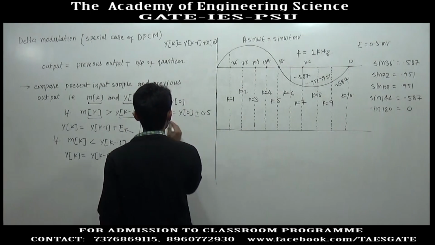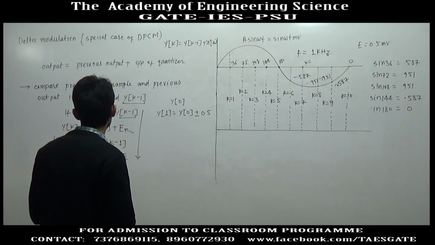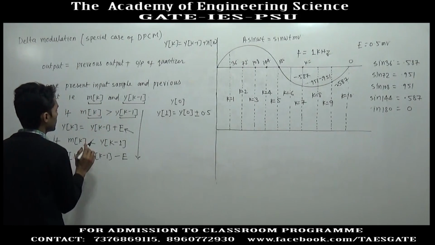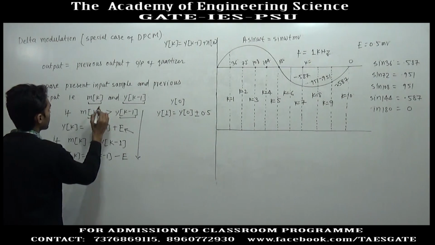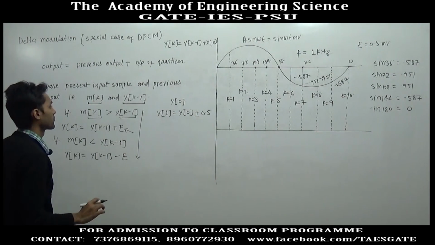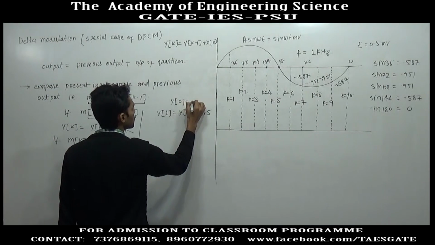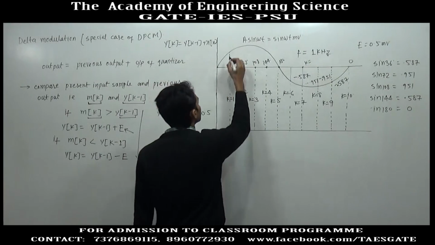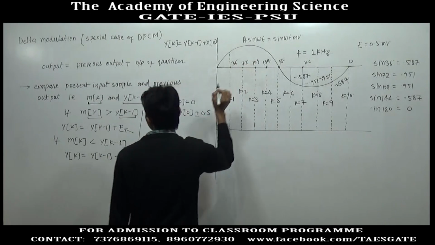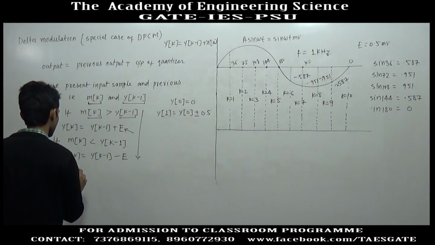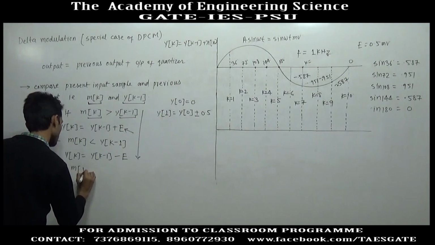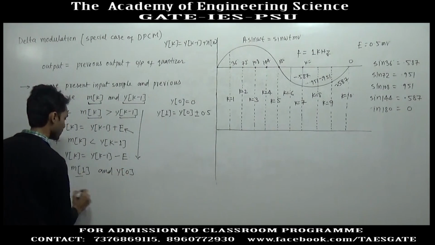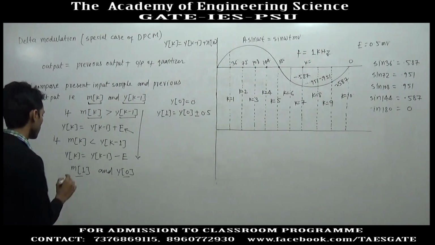So, if we want output at k equal to 1, we will compare m1 and y0, the present input sample and the previous output. y0 is equal to 0 and m1 is the first sample.